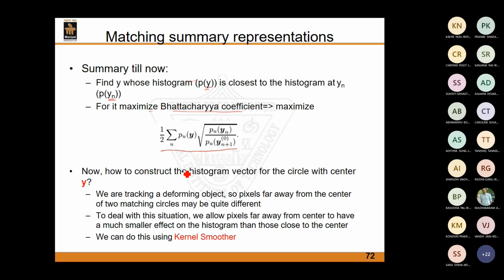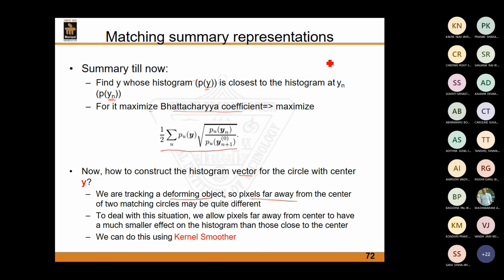Now what we need to find is how do we construct the histogram vector for the circle with center y. Now how do we do that? So what we are doing is we are trying to track a deforming object, and the pixels far away from the center may be quite different as compared to the pixels near it.